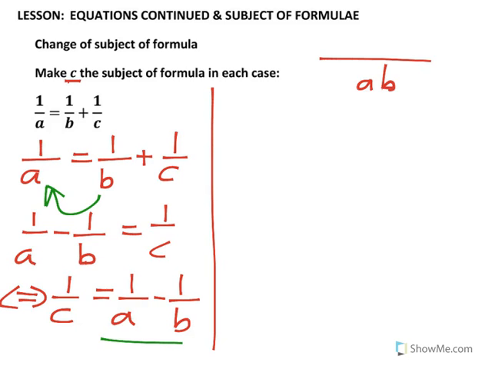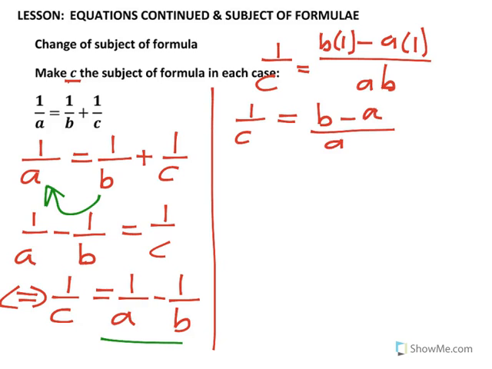If the common denominator is ab, a into a is b times 1, minus b into ab is a times 1. So that is 1 over c is equal to, after combining that fraction, b minus a over ab.